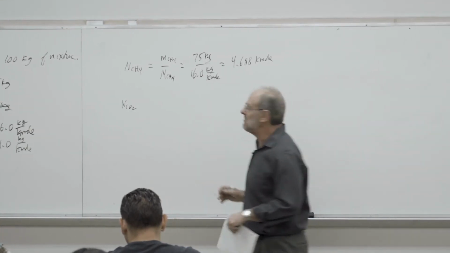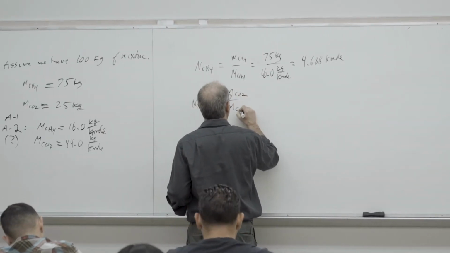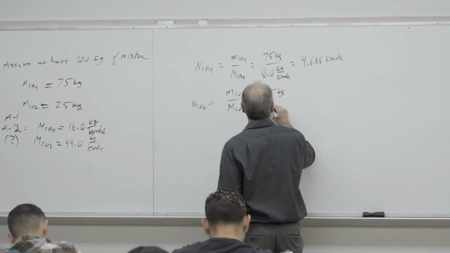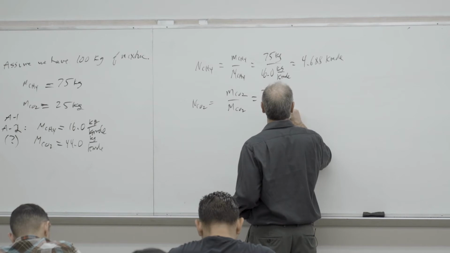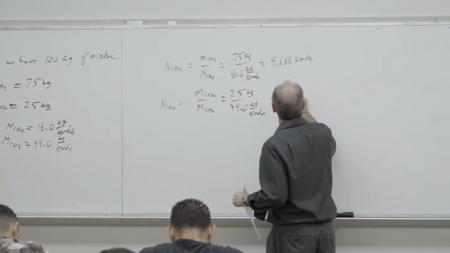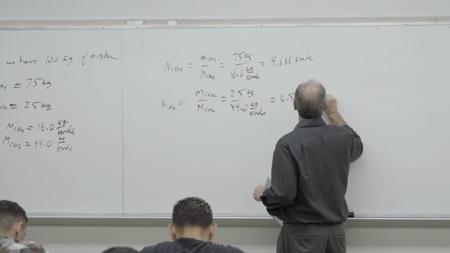And then we do exactly the same thing for the carbon dioxide. So we got 25 kilograms divided by 44 kilograms per kilomole. And that's going to give us 0.568 kilomoles.